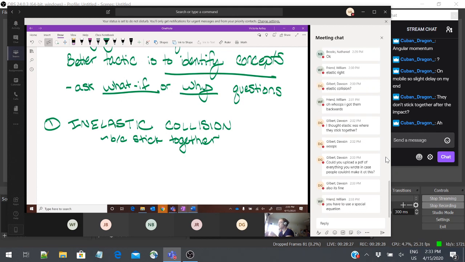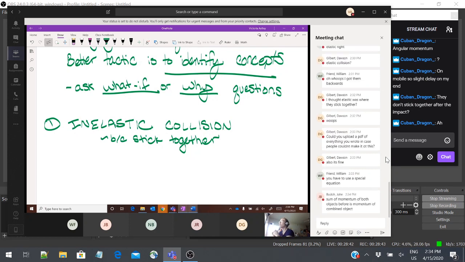You have to use a special equation. So I would like, yes, I would like a little more general, like in an elastic collision, we know that this happens, or we know that we're interested in this concept. For example, we're interested in momentum, right?